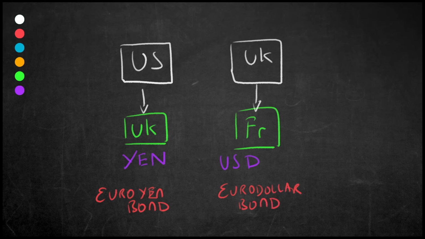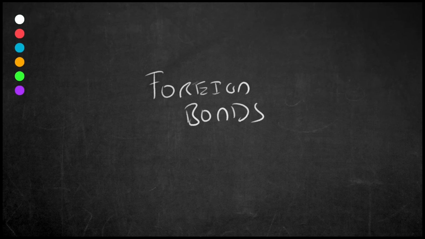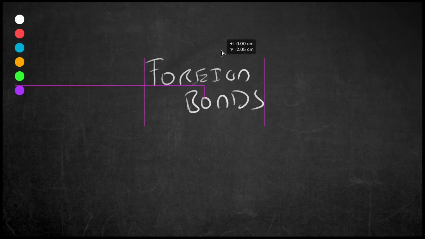So now that we understand Eurobonds, let's look at something called foreign bonds. A foreign bond is almost like the opposite of a Eurobond. It's when a firm issues bonds in a foreign country, but in the currency of that same foreign country.